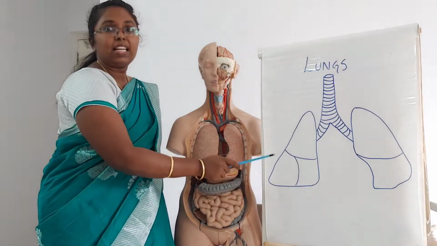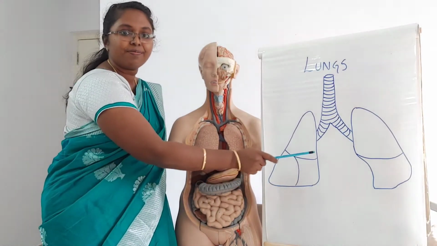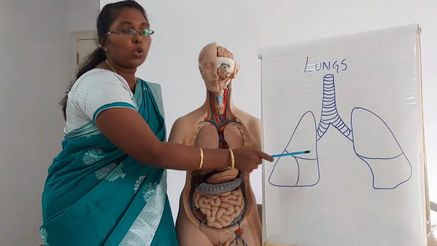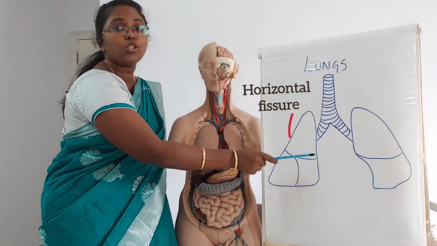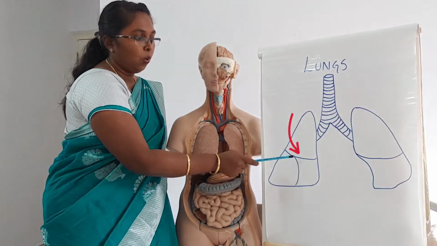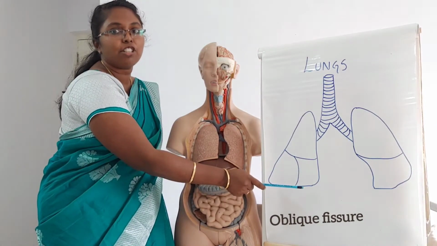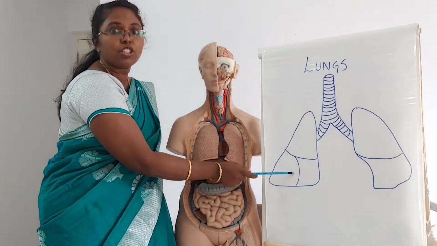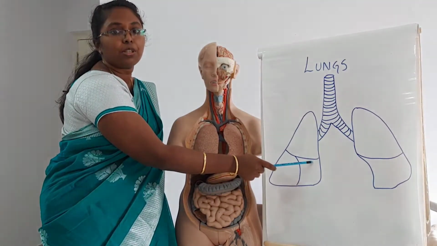We'll start with the right lung. In the right lung, there are two fissures. The first is known as the horizontal fissure, which runs horizontally. The fissure going obliquely is known as the oblique fissure.